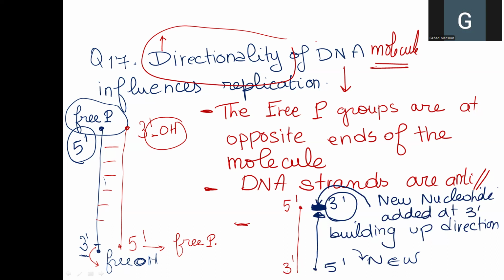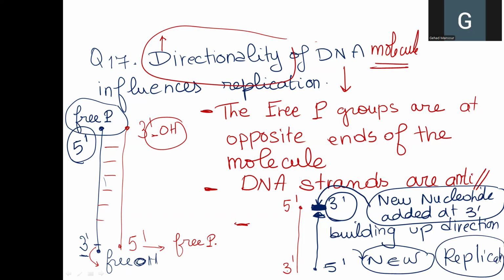This is a very important piece of information that you frequently encounter in your test. So this new strand, or what we call the replicate of the original strand, you can say either that it is being built up in the direction 5 prime to 3 prime, or in other words, that any new nucleotide will be added to the 3 prime end.